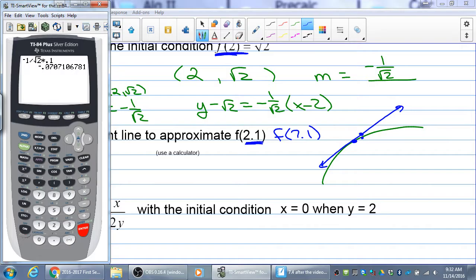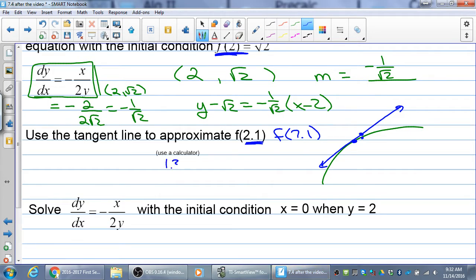And then I have to add square root of 2. 1.344. And if it was concave down, maybe the answer was 1.3. Maybe that's what we needed to get, 1.3, but we got 1.344. That's what's happening.